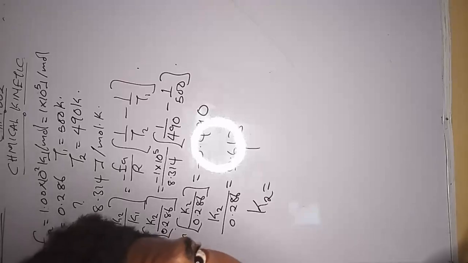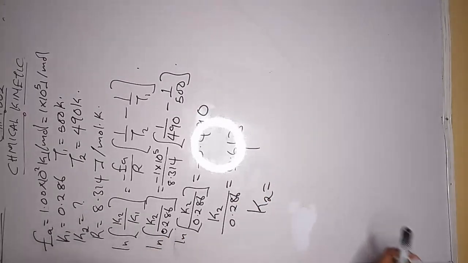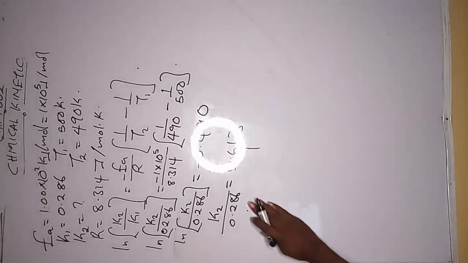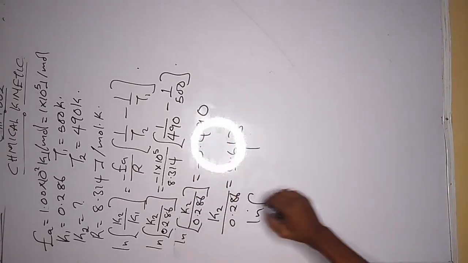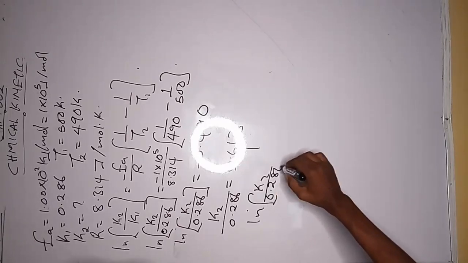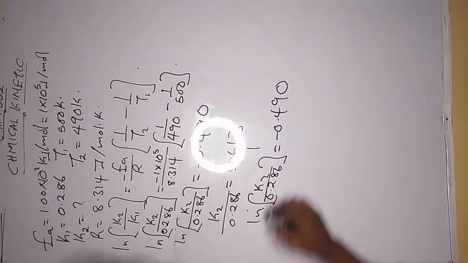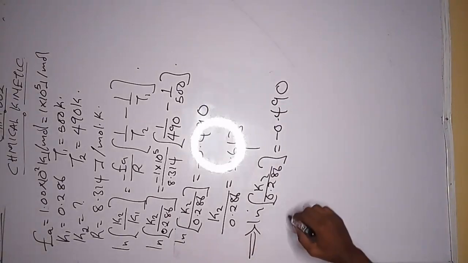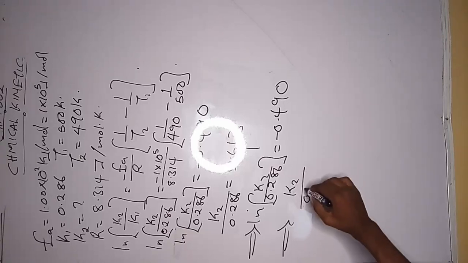Wait, this white light is blocking it. Let me bring down what I have here to this place because of this white light. In this place here, what I have is ln K2 over 0.286 equals minus 0.490. Then we now have K2 over 0.286.